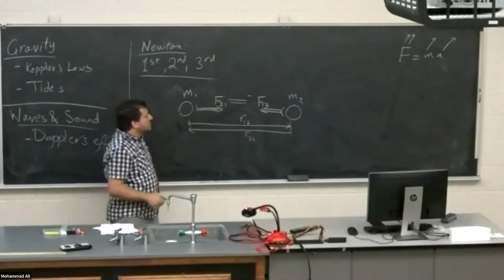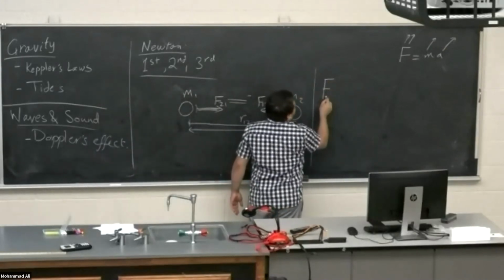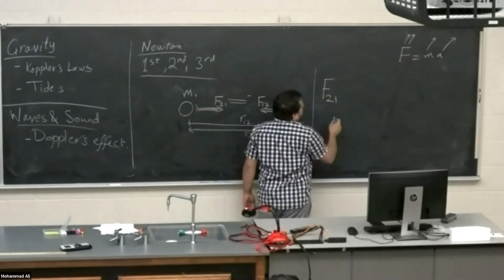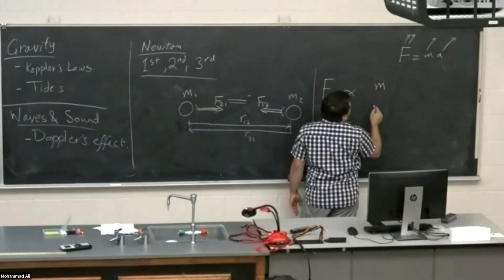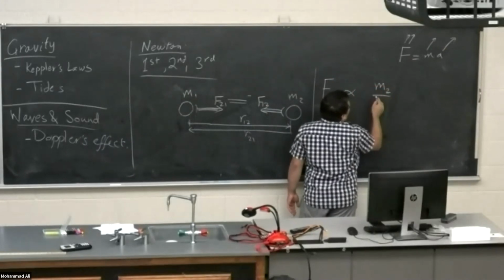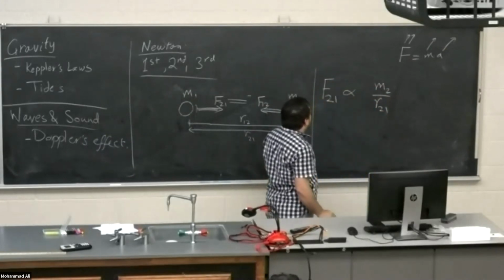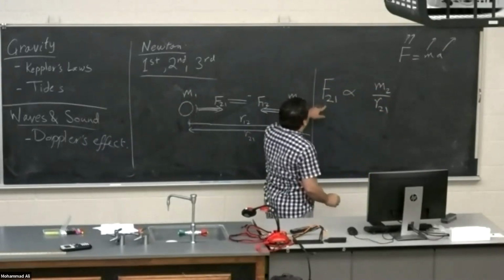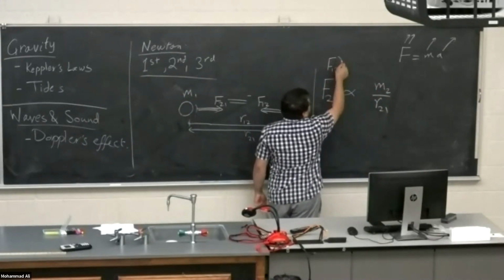Okay, this force F from 2 on 1, for example, depends on the mass of 2 over the radius from 2 to 1. As we say, it is the same as the force from 1 to 2.